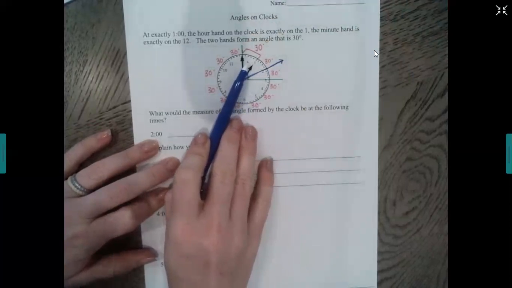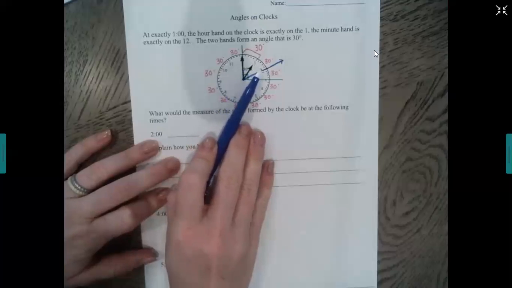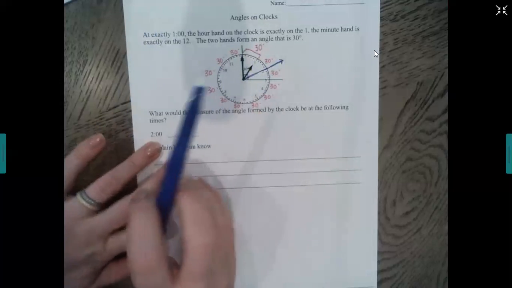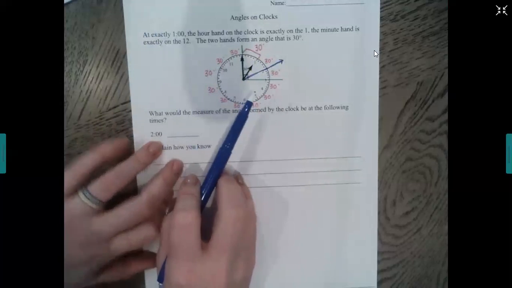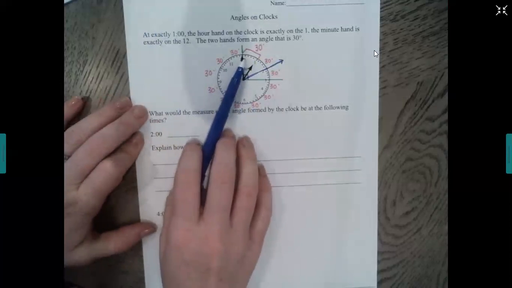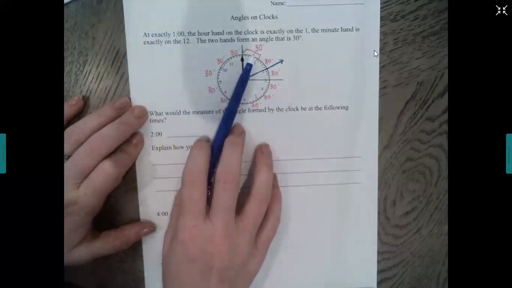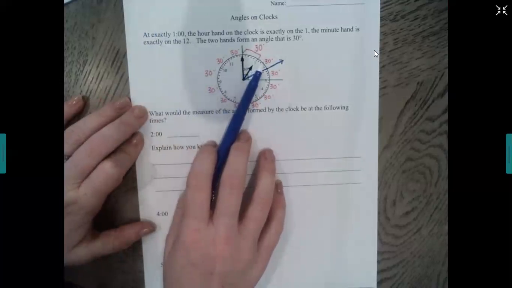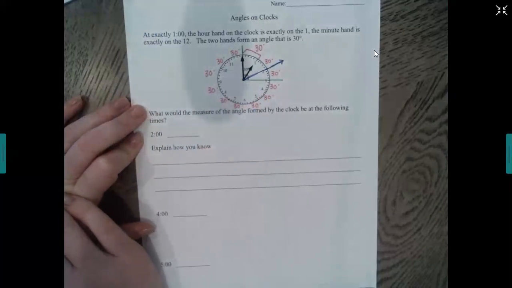Well, if one of these sections was 30, and the other section is 30, and I go back to where I was combining angles, this angle plus this angle, 30 plus 30, what would my 2 o'clock time be?